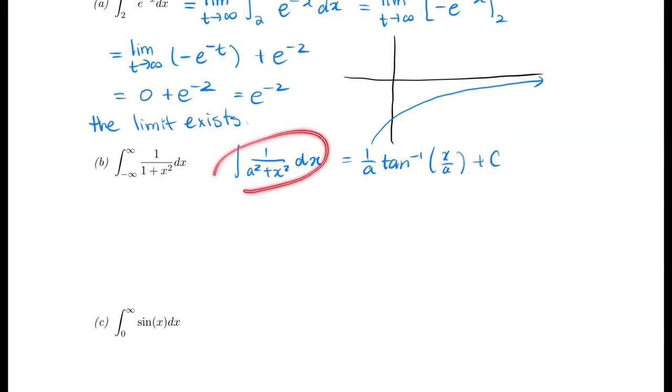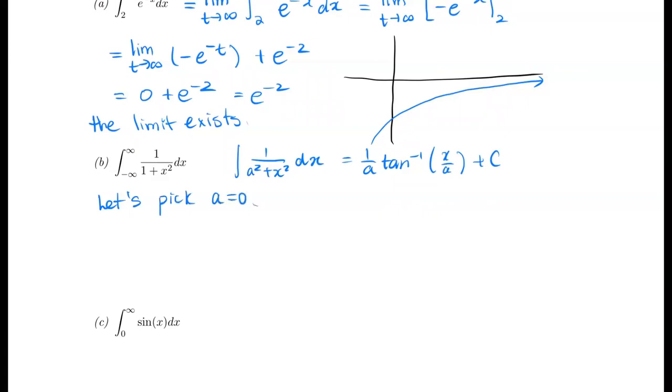So we know that this integral is, well, if a is equal to 1, we would just have this. But let's pick a point here. Let's say we pick 0, for example.